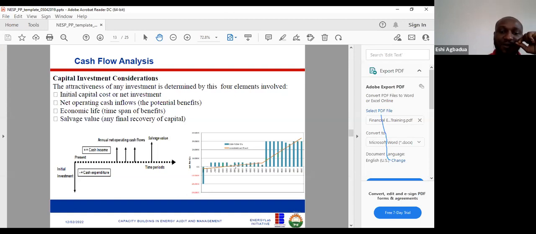In the first few years, maybe because of the kind of load, maybe you're not using it optimally, maybe you're using it at half load. You can see that the cash flows might not be too much because you're using the motor based on the demand. But as the demand increases and the motor operates at a much higher level, the cash flows will definitely increase. So this gives you a general overview of the cash flow analysis of a particular project or a particular equipment.